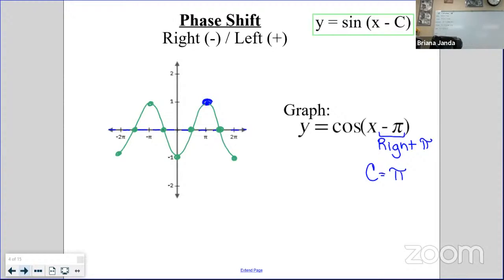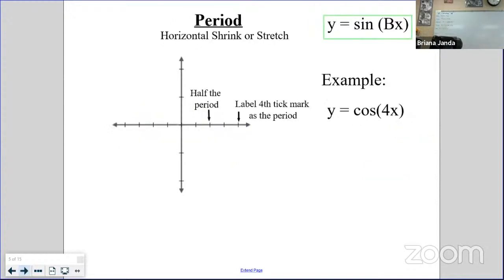I could write it as a sine curve starting here. We just have to mess with the phase shift and the reflections and which function we're describing it as, because they're all the same. Questions?